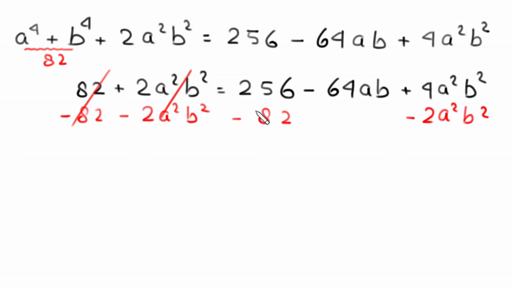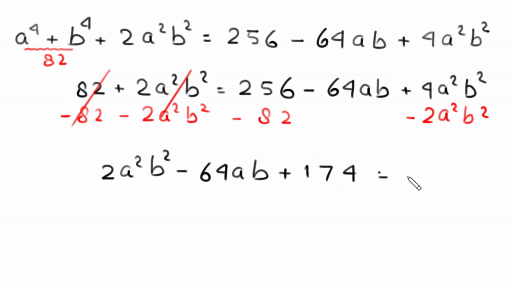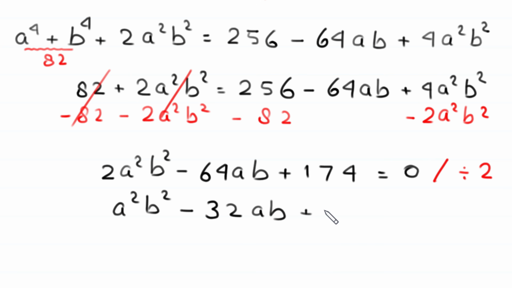The equation will become 2a squared b squared minus 64 times ab, and 256 minus 82 will become plus 174 equal to 0. If we divide the whole equation by 2, this will become a squared b squared minus 32 times ab plus 87 equal to 0.